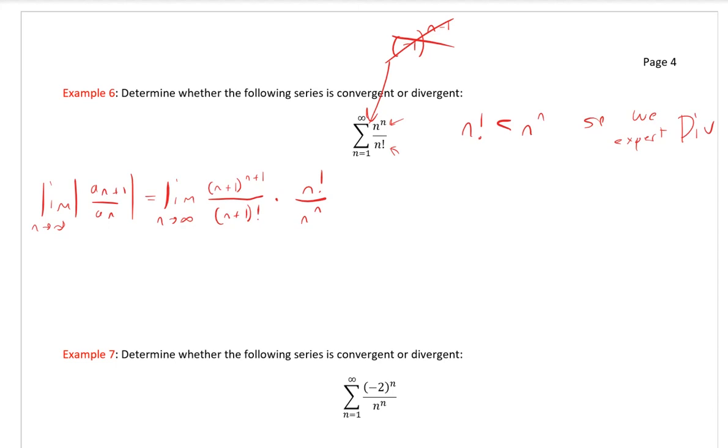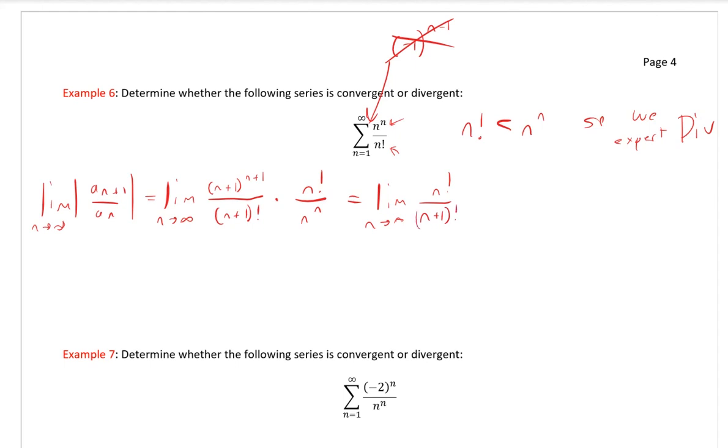Alright. Now let's see what we can do here. If we rearrange some stuff, I can rearrange the factorials, and we can also rearrange the n's. First, the factorials. I have n factorial over n plus 1 factorial, which we should understand how to work with because we did that before.